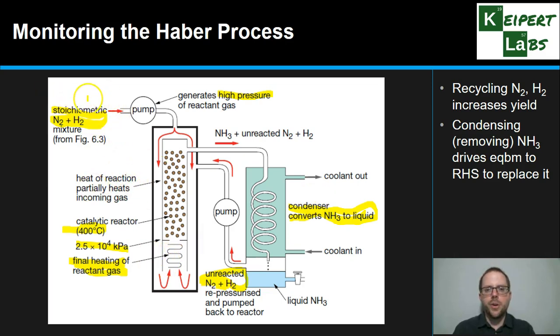There are some things that we need to keep a close eye on. We're trying to get the ratio of the reactants right, making sure we're maintaining our pressure and temperature conditions, and using the temperature of this final heating to make sure that it's working correctly. It's also important that we don't have any oxygen present in our gas mixture, because as you can imagine, if we're taking oxygen and hydrogen gases and heating them up together, we have a very dangerous mix that is highly likely to explode.